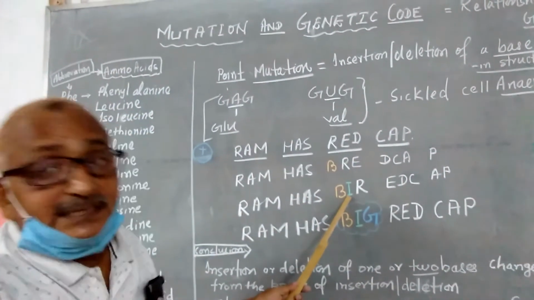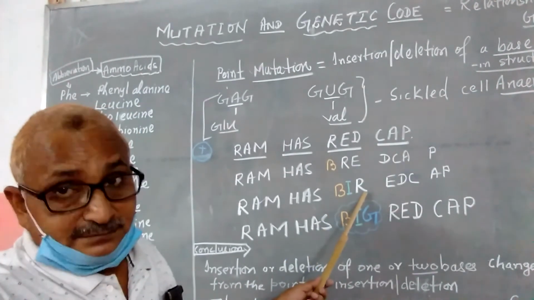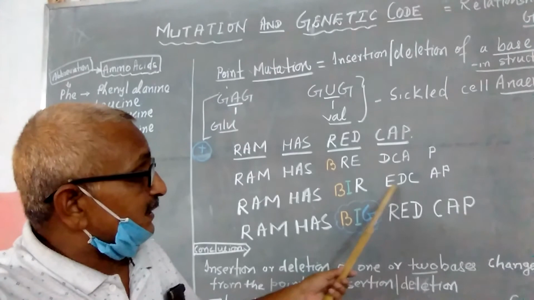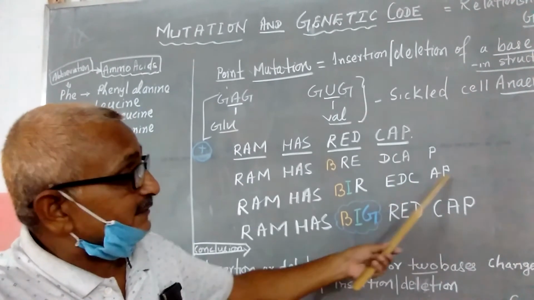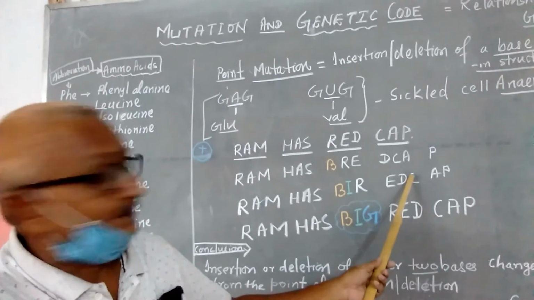Another letter I is added. So B I again E is replaced, and B I R make a group of 3. E B C makes another, and this whole thing, the meaning, will be altered.